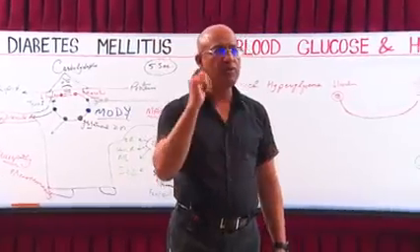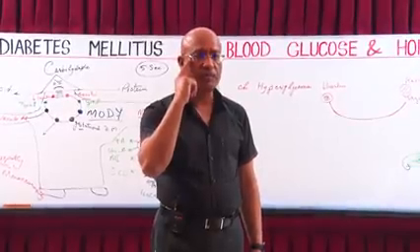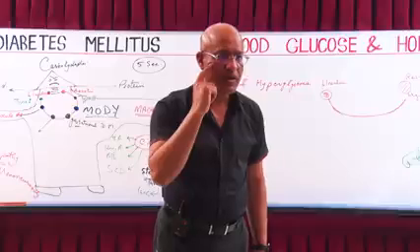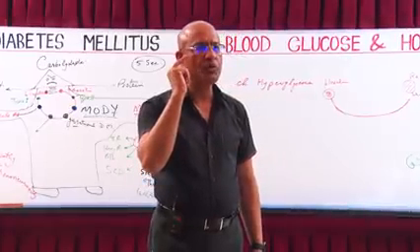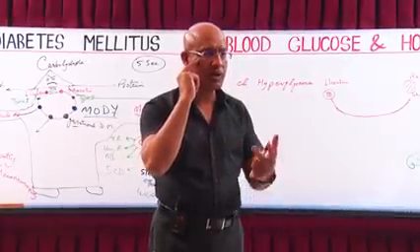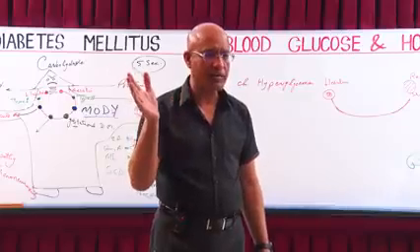For example, if I develop my oculomotor nerve damage, or I develop damage to the abducent nerve, right? Now, if isolated abducent nerve damage is there due to diabetes, right? The abducent nerve is the 6th cranial nerve which supplies the lateral rectus, right?